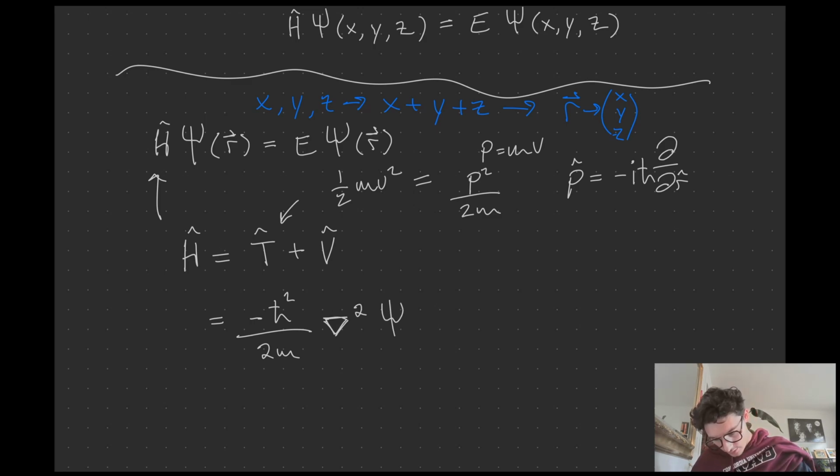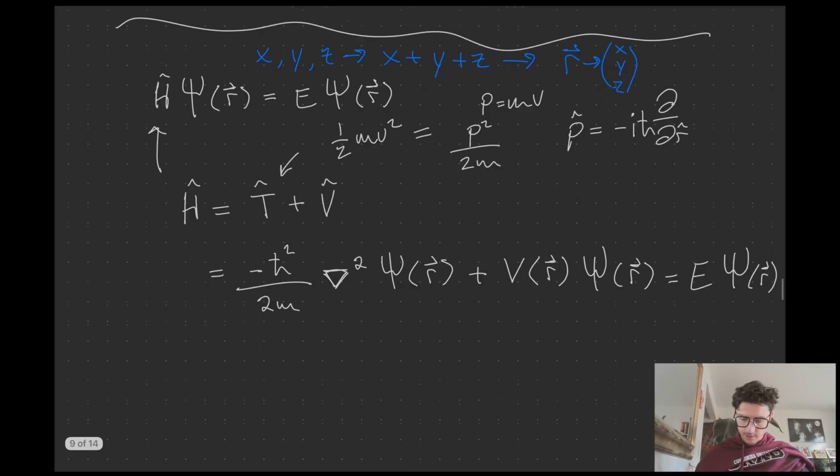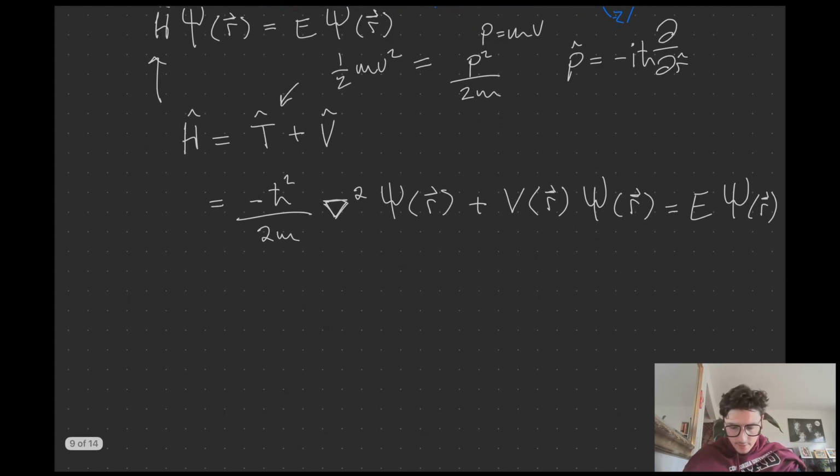This is acting on psi, and psi is a function of r. Then we have the potential energy, which is also a function of 3 variables, and this is also acting on psi, which is a function of 3 variables, and this gives us energy acting on psi, which is a function of 3 variables. Nice. So why have I done this?